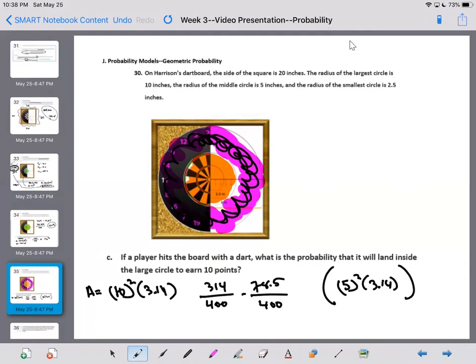So 314 take away 78.5 equals 235.5, divided by 400. So the probability of it landing in that larger ring would be almost 60%.